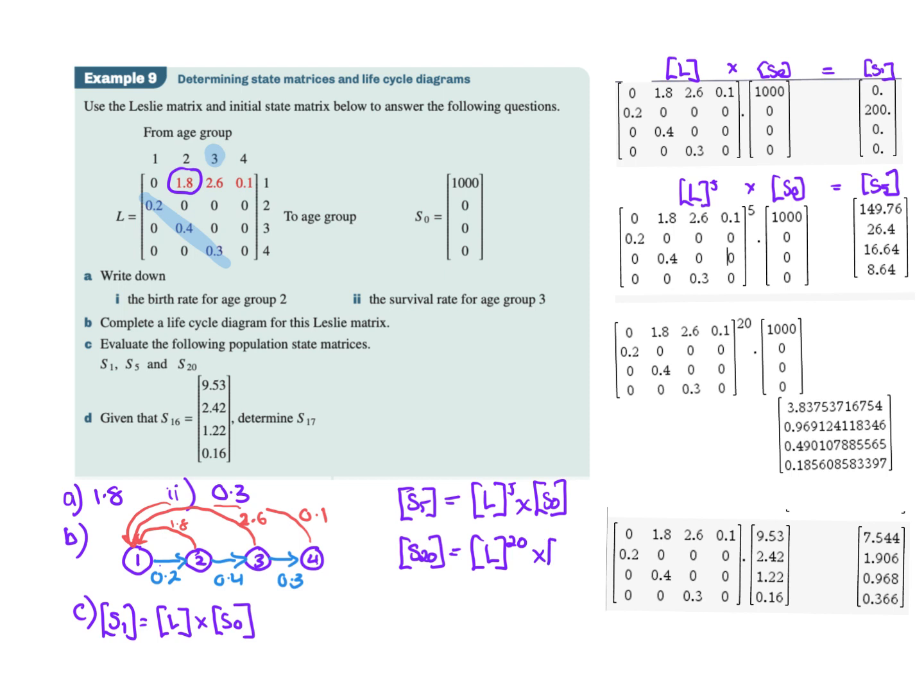Okay? It would be there forever. And you can see I've done that one here. Leslie to the power of 20 times the S0 equals S20. So just to help you make sure you're understanding, what was the original population of this data set?